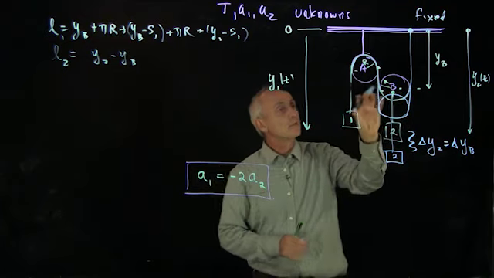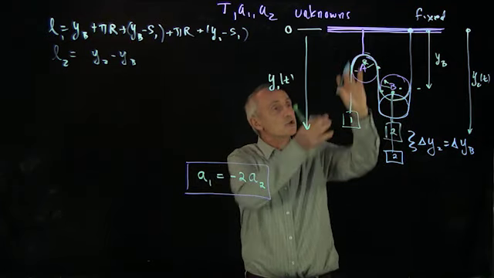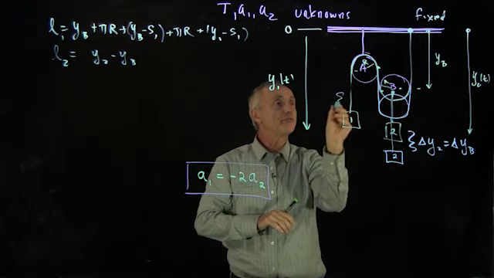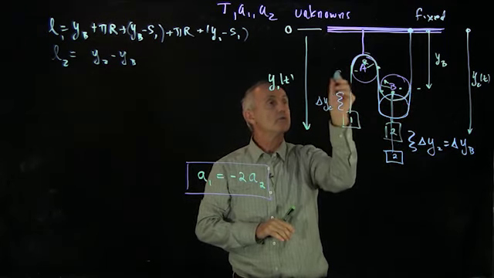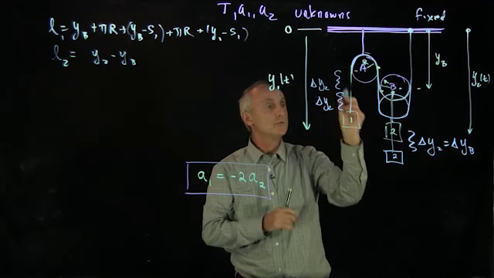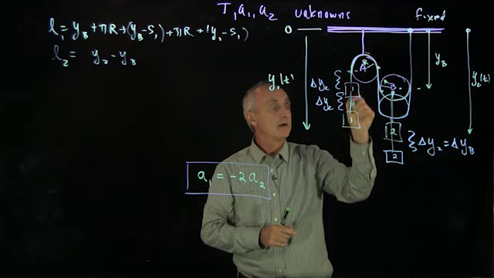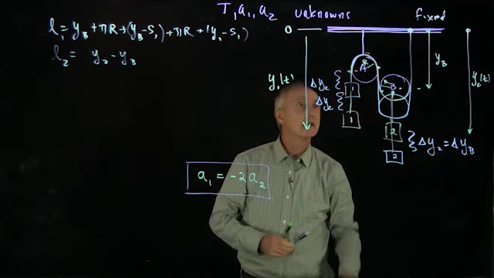And that means that object 1 has been foreshortened by not just delta y2, but on both sides, delta y2 and delta y2, object 1 has displaced up by that amount.